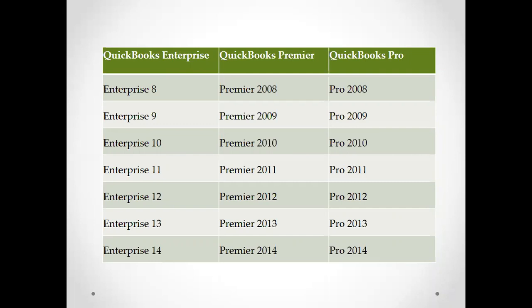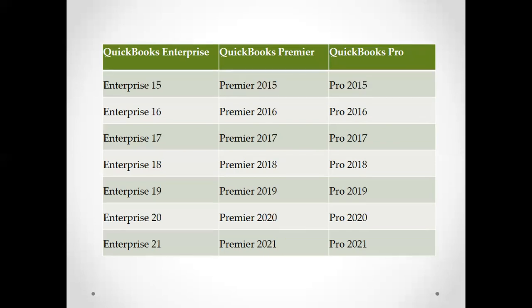Normally they will call the Enterprise version Enterprise 8, Enterprise 9, like that. In 2014 they released Enterprise 14, right? Along with that, they released QuickBooks Premier 2014 and QuickBooks Pro 2014. That's how they release. It is not required to remember this, just for your knowledge.